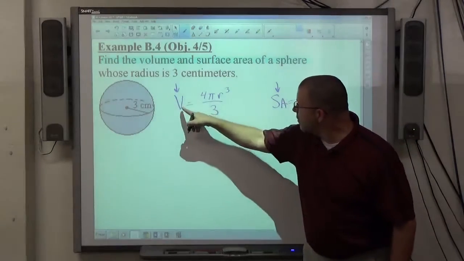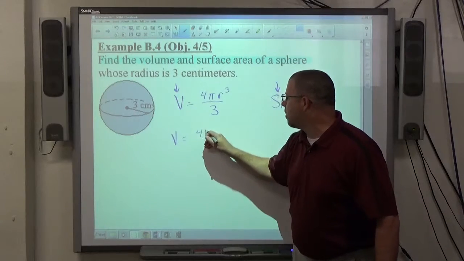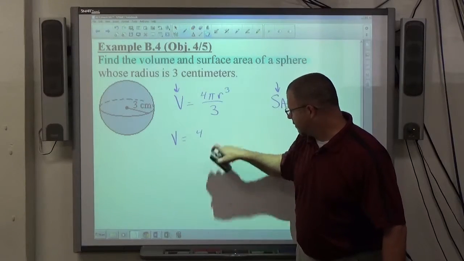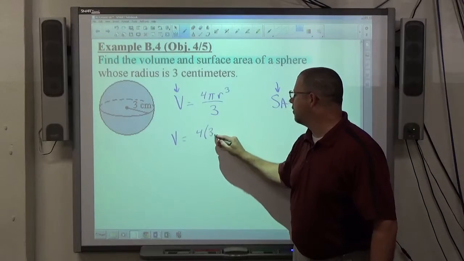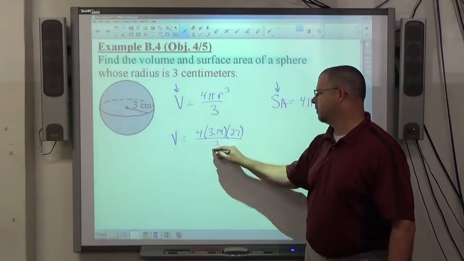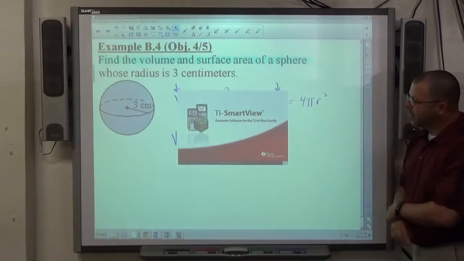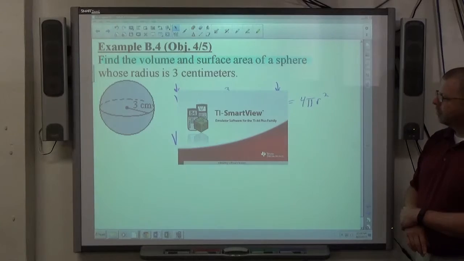Anyway, volume's 4 pi r cubed over 3. So watch this. Volume equals 4 pi, oops, I'm not even going to write pi. 4 times 3.14 times 27 divided by 3. Get my calculator out here real quick.